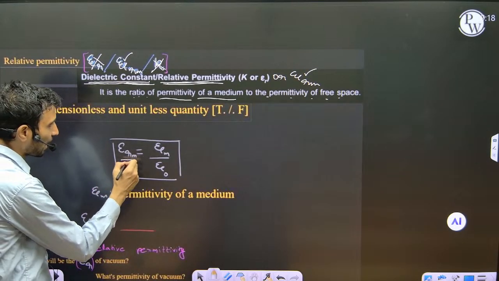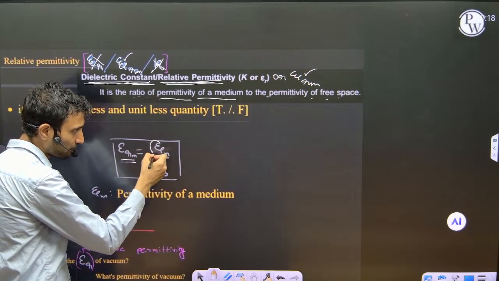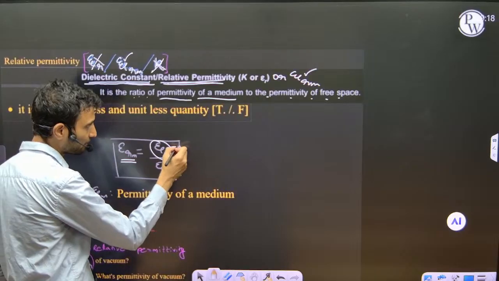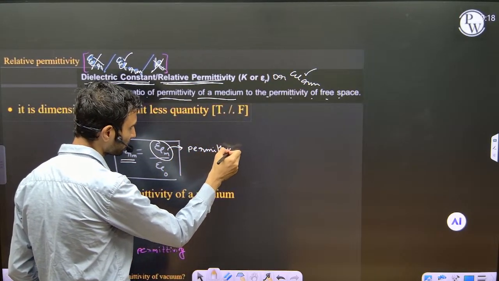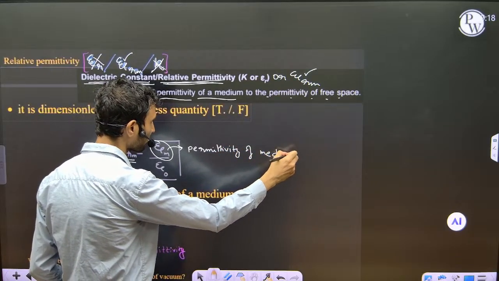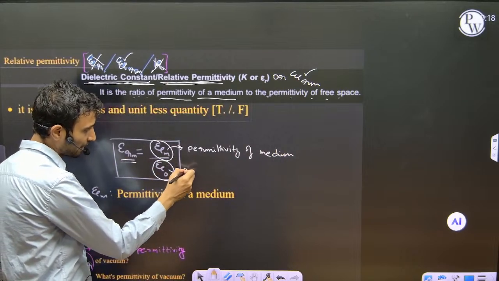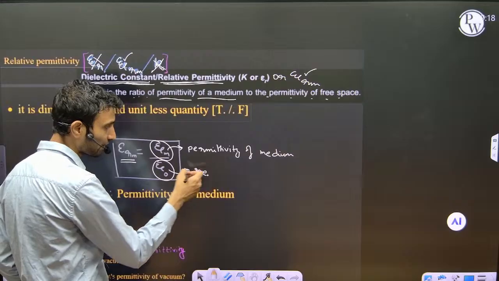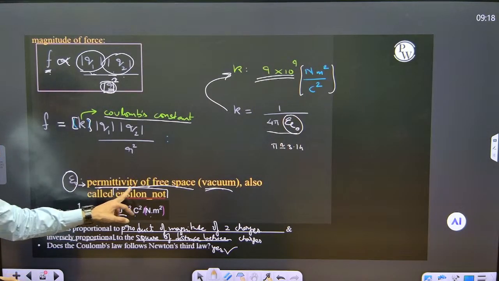So epsilon rm is the ratio of what? Epsilon m. What is epsilon m? Permittivity of the medium. Divided by epsilon naught. What is this? We have seen this before in the last section. What is epsilon naught? Permittivity of free space.